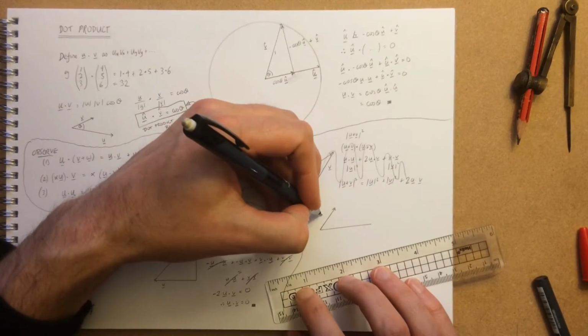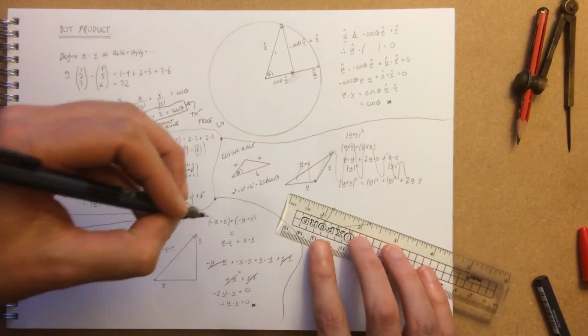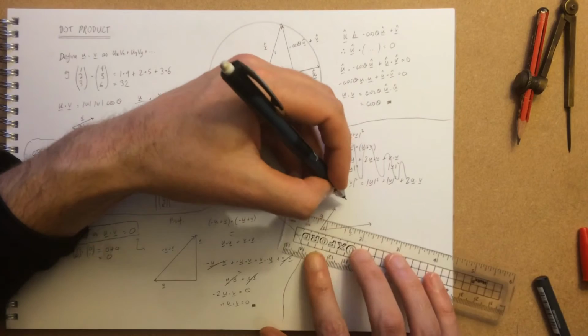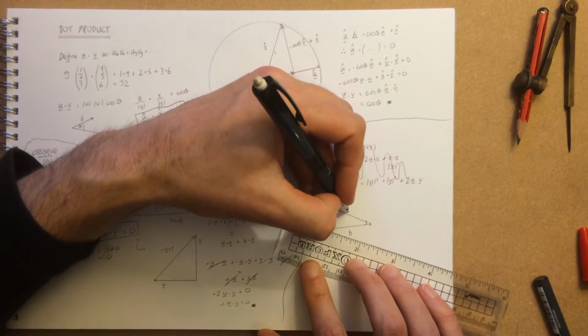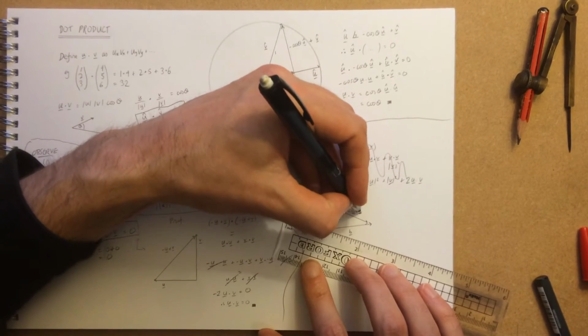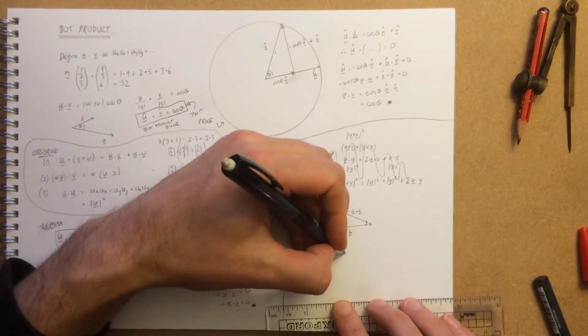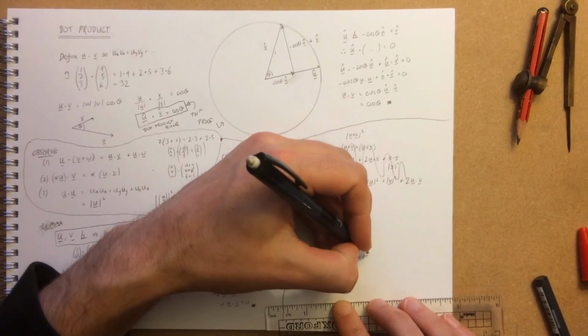So that's our vector A, that's our vector B. So from there to there, minus A plus B. Okay, so let's expand out minus A plus B dotted with itself.